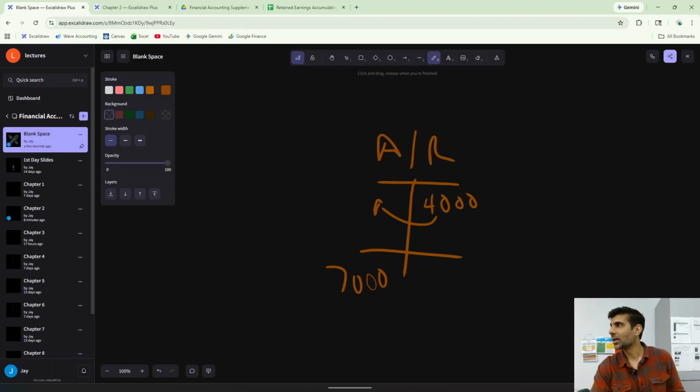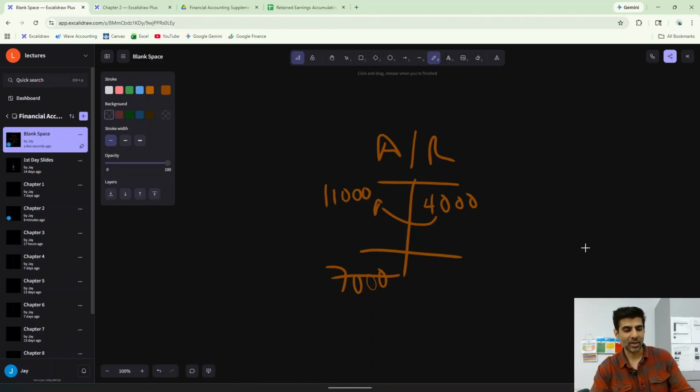So what should I do? Let's just put some hypothetical numbers. What's 7,000 plus 4,000? This is 11,000, and this was 4,000 credit, and that gave us a balance of 7,000. So what happens when I get rid of this credit and I move it here?